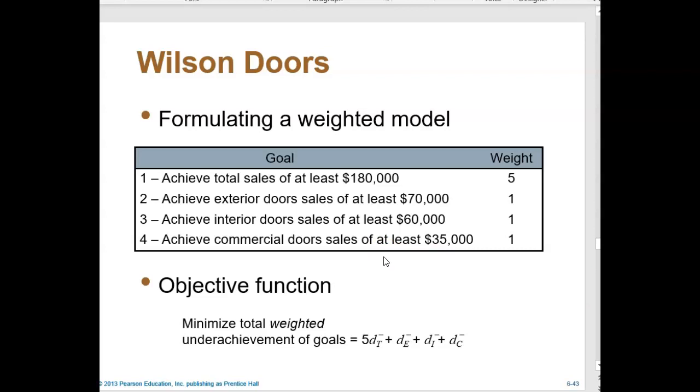Now, as currently formulated, Wilson's GP model assumes that all four goals are equally important to its managers. That's because the objective function is just the sum of the four deviation variables.